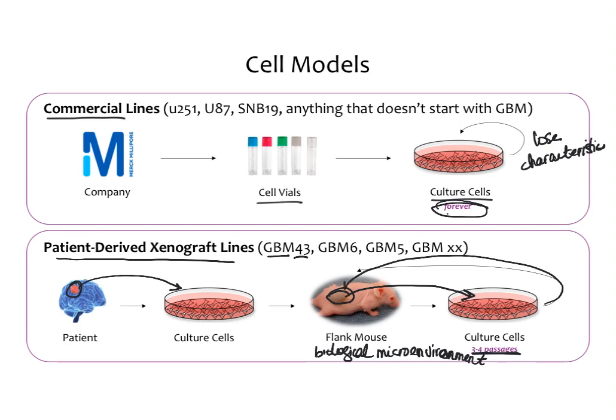We're going to grow the cells up again and then take them out again, and then we can do experiments on them. The point of this is to keep them fresh and to keep them as close to a real tumor sample as possible, because they have to grow as tumors in the flanks of these mice. And so we're getting as close to a real tumor as possible with these cells. So these are a better model for sure, but they're also a little bit harder to work with.